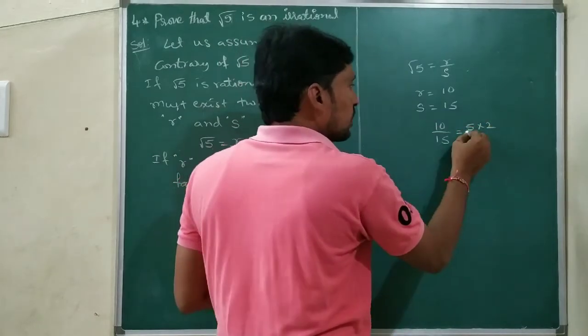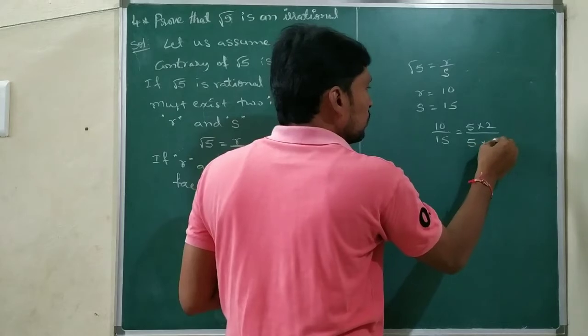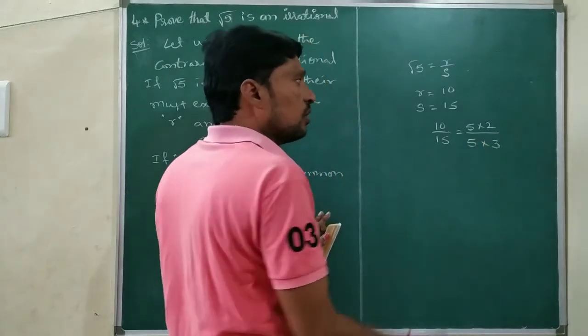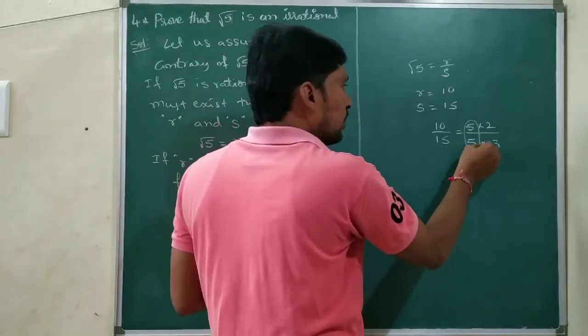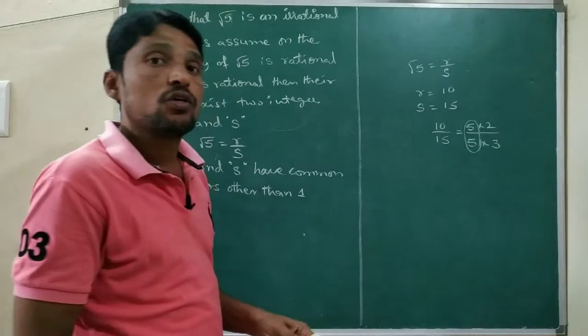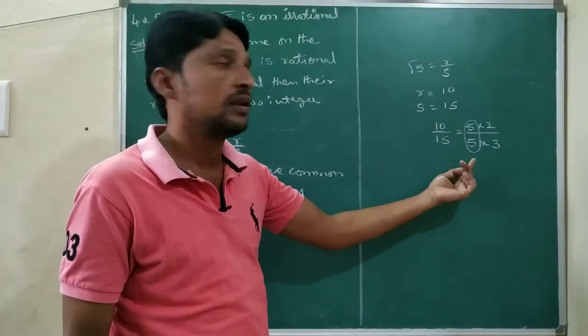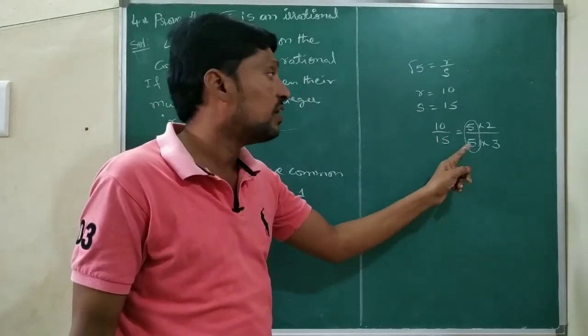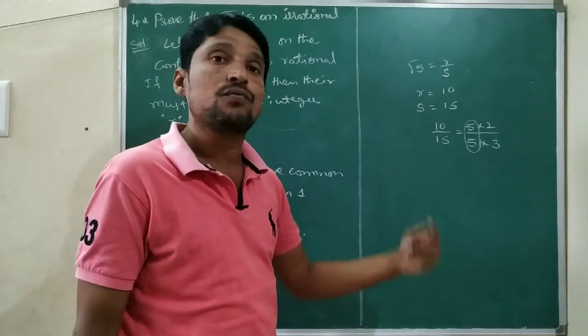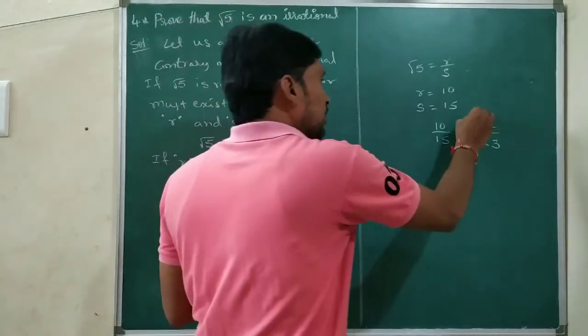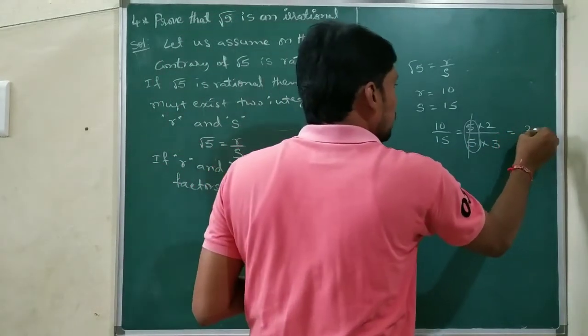What are the factors of 15? 5 into 3, 3 fives are 15. So here both 10 and 15 have the common factor other than 1. What is that? That is 5. So we cancel it, then we get 2 by 3.